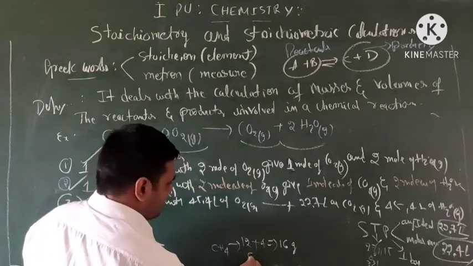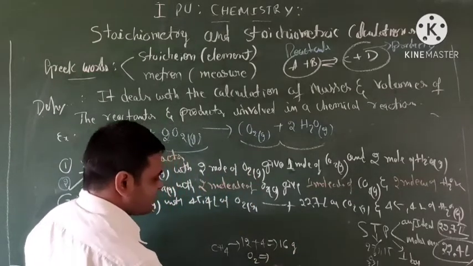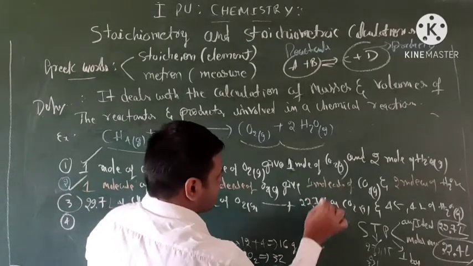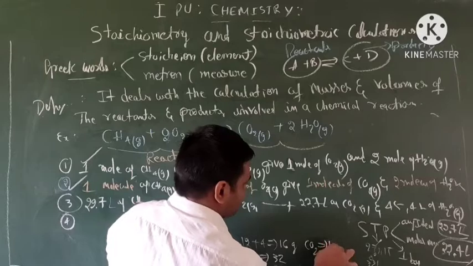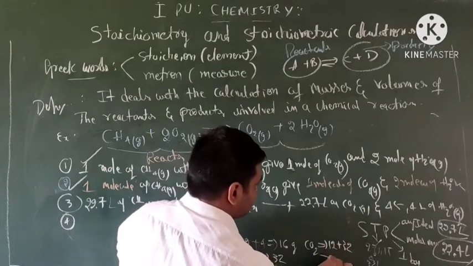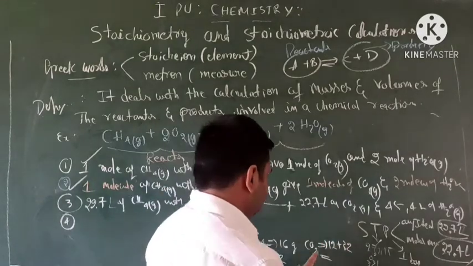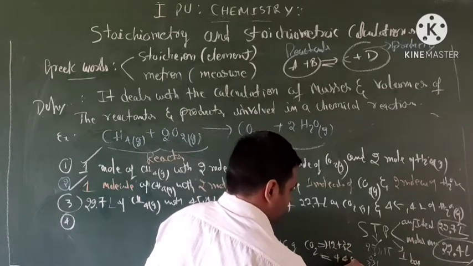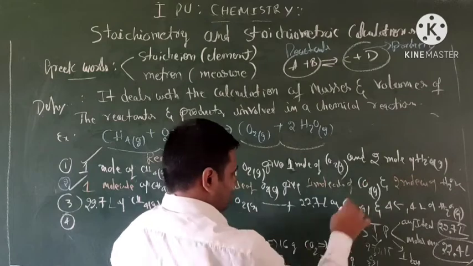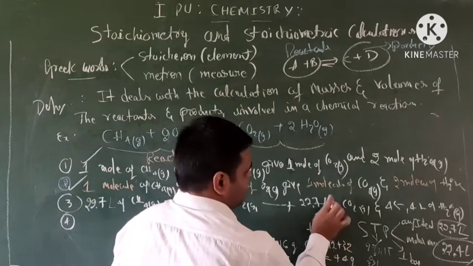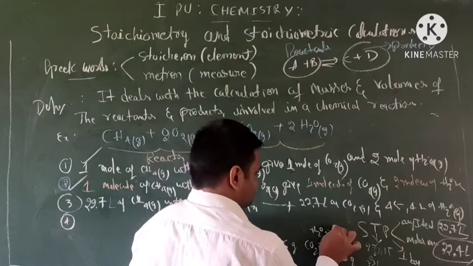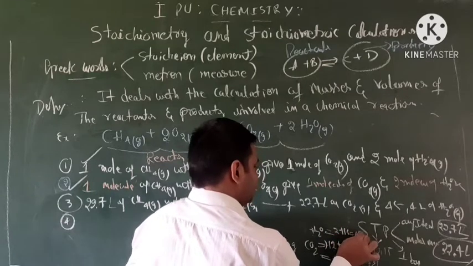Then oxygen: 16 into 2 is 32. Next, carbon dioxide is 12 plus 32, which is 44 grams. Lastly, the water molecule: 2 plus 16, which is 18 grams.